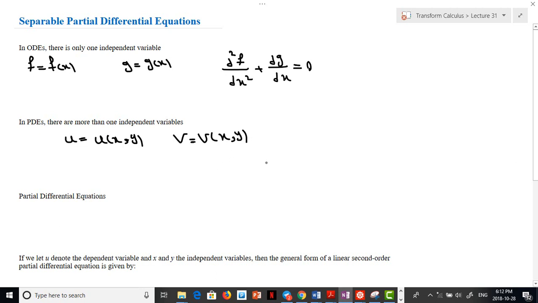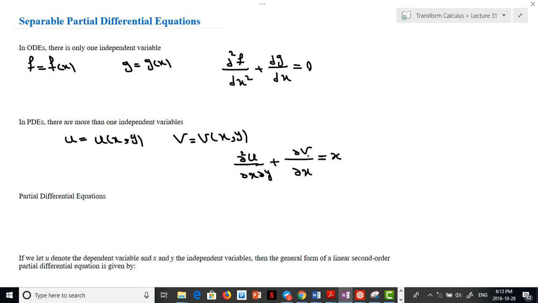If we have an equation like the second derivative of u with respect to x and y plus the derivative of v with respect to x equal to 0, or equal to anything, this one is a partial differential equation. Why? Because we have two independent variables, x and y. So we want to talk about these types of equations.